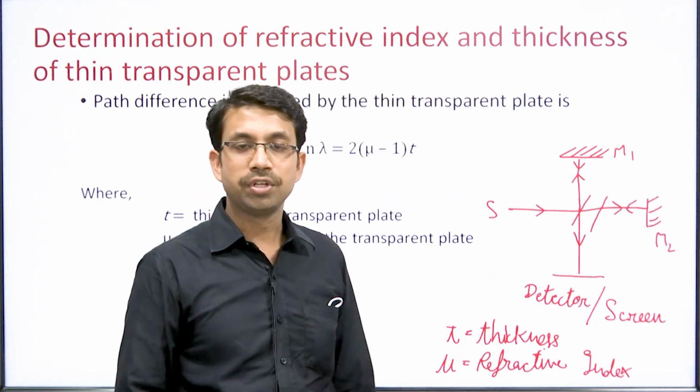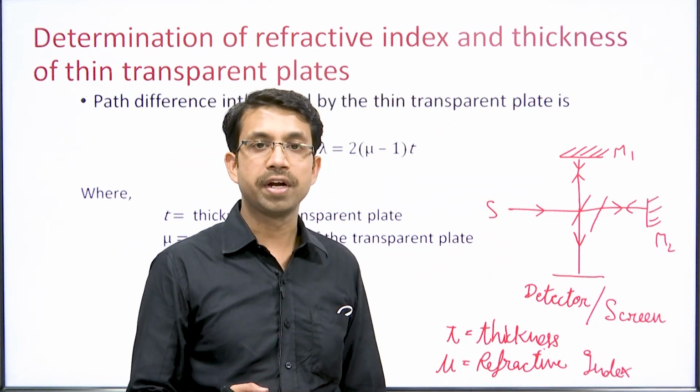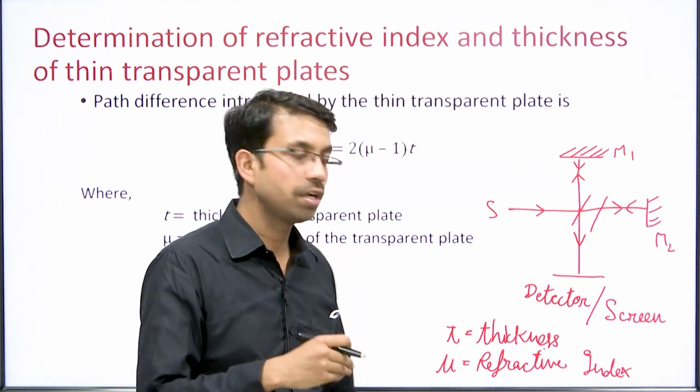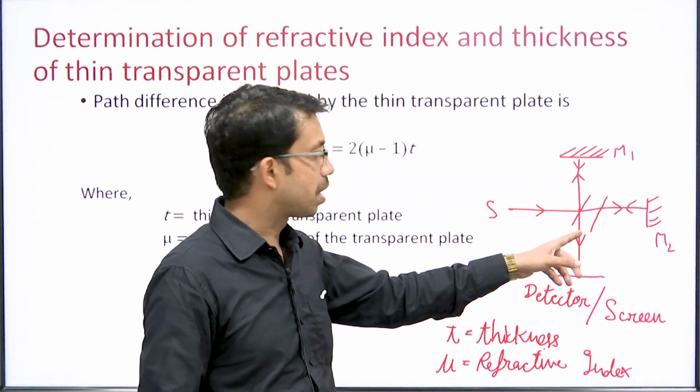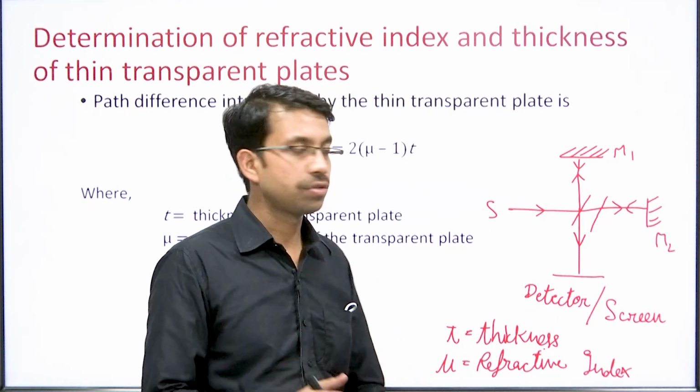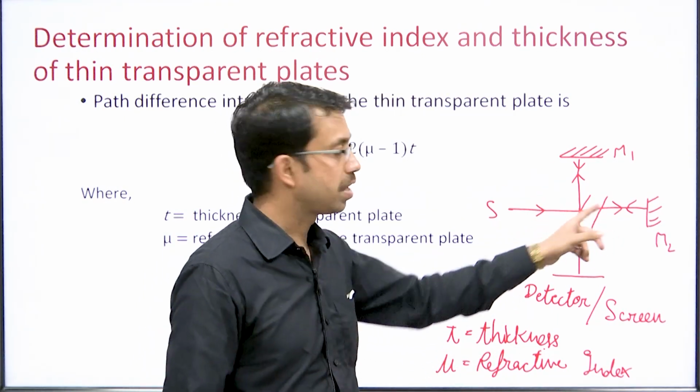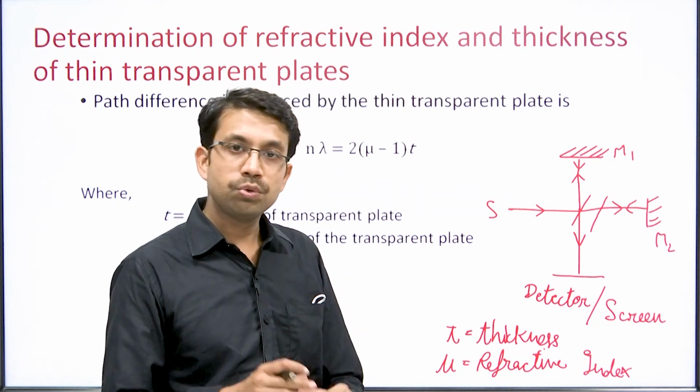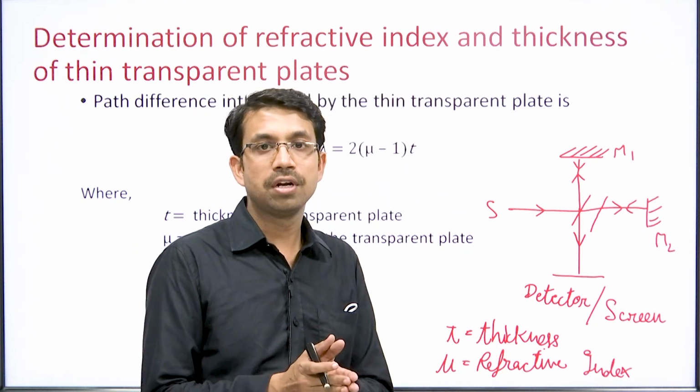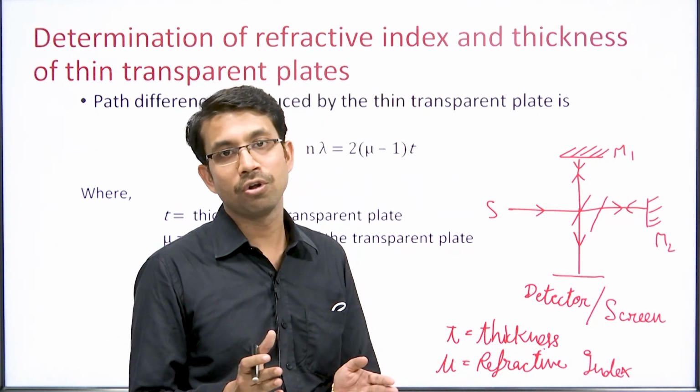So, thickness is t and mu is the refractive index. When we insert this glass plate, the path difference of this light ray and this light ray will change, and due to this change in path difference, the number of fringes that are shifted will also change.